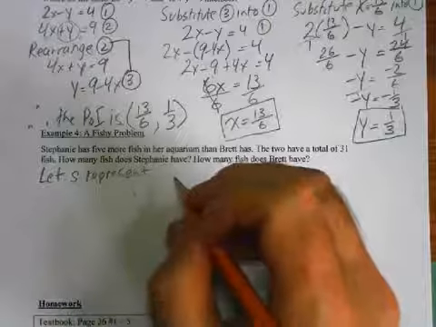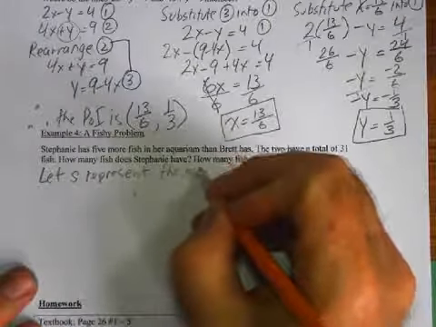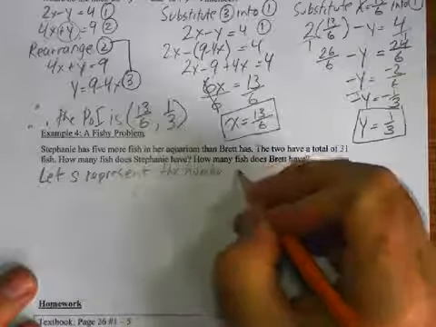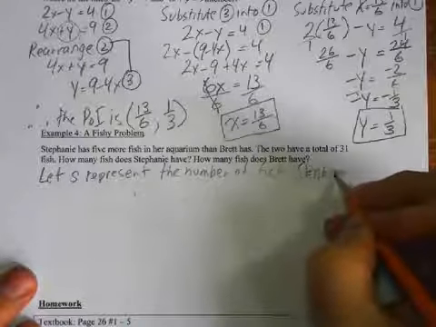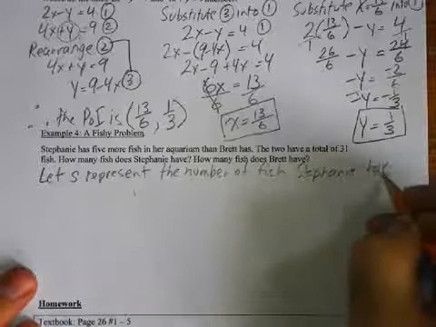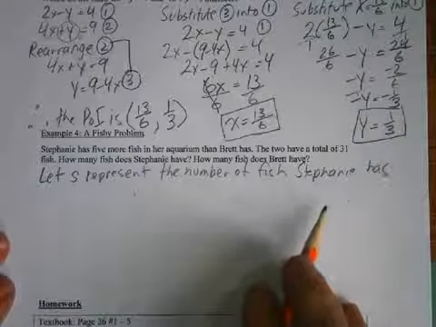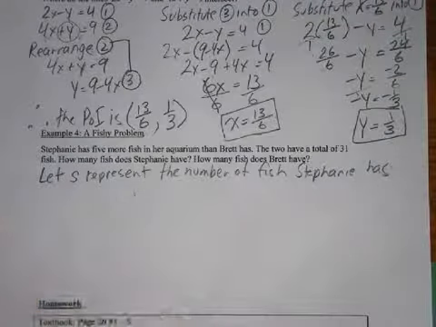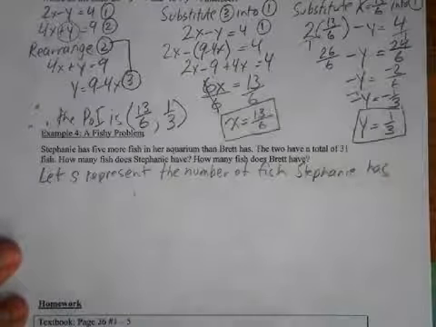So let s represent the number of fish Stephanie has. Okay, and now when you take the time to do that, it'll make a lot more sense when you're making equations. If you're too vague and just said let s represent fish or Stephanie's fish, it doesn't really help you with the equations.